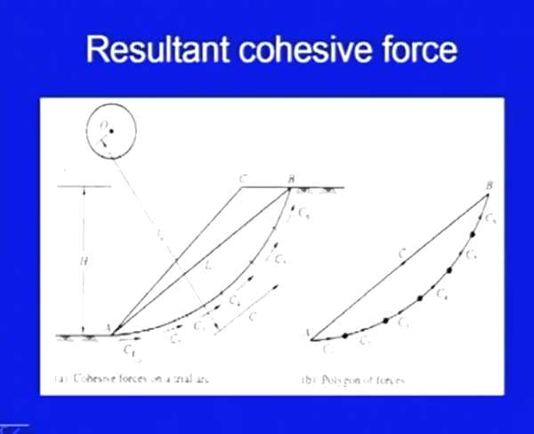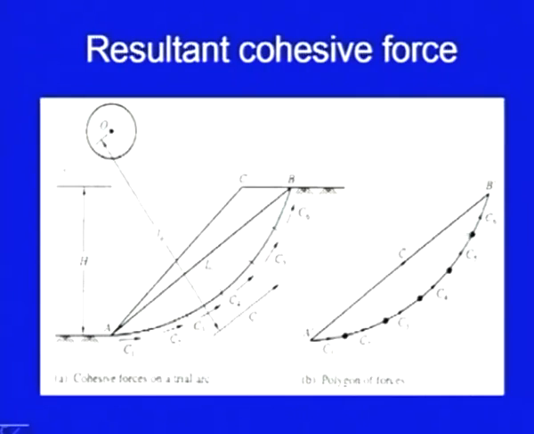Let us say the cohesion along these small segments are C1, C2, C3, and so on. If I plot these cohesions separately here and then plot this polygon, C1 will be here, C2 is here, C3 is here, and so on, and then you can find out their resultant, direction as well as magnitude.